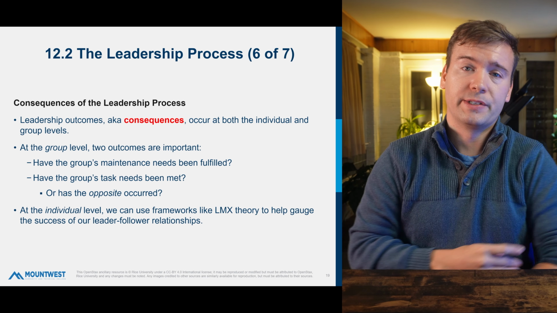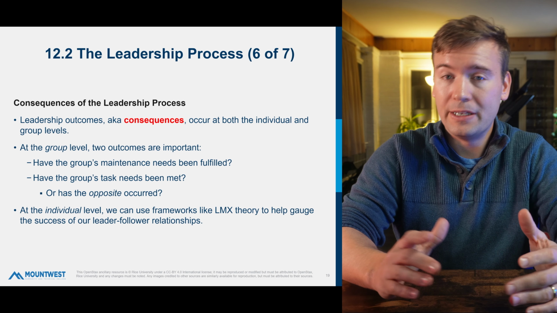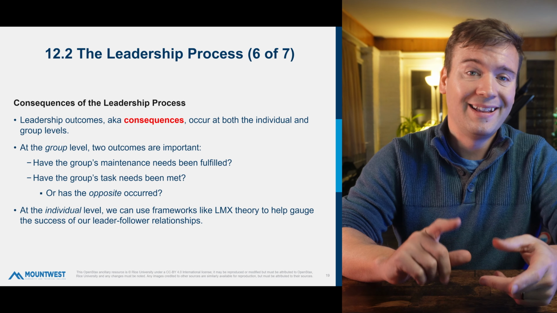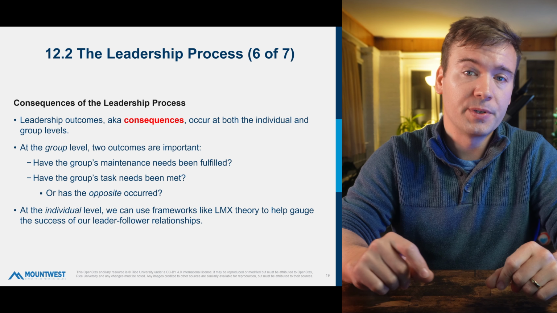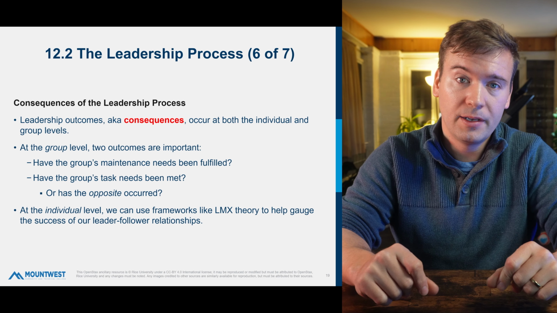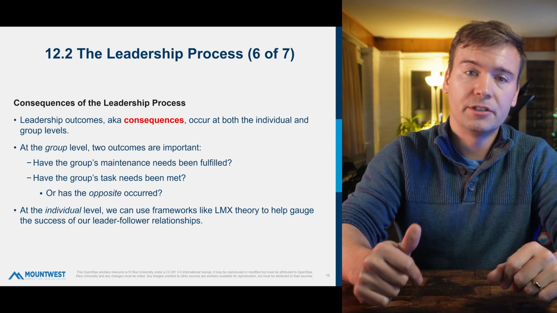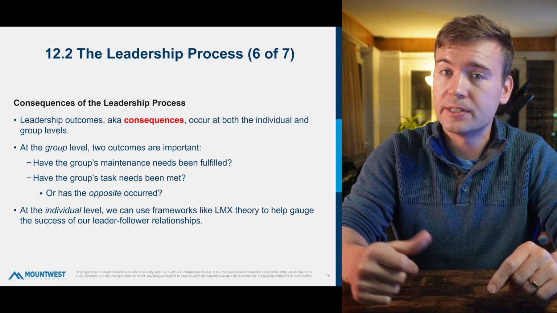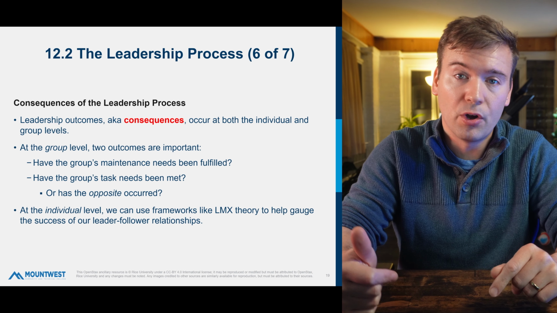The consequences, or the outcomes, of the leadership process are felt on both the individual and the group level. At the group level, two key outcomes to consider are whether the group's maintenance needs have been met and whether the group's task needs have been met. Has the leader fostered a cohesive and supportive environment? Has the group achieved its goals?